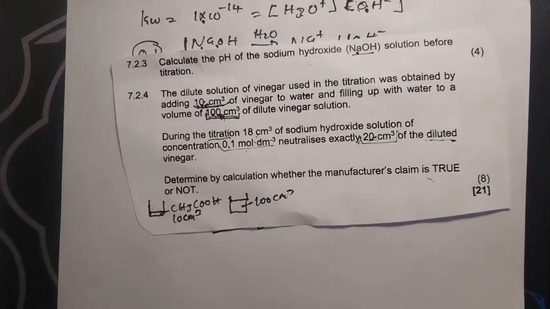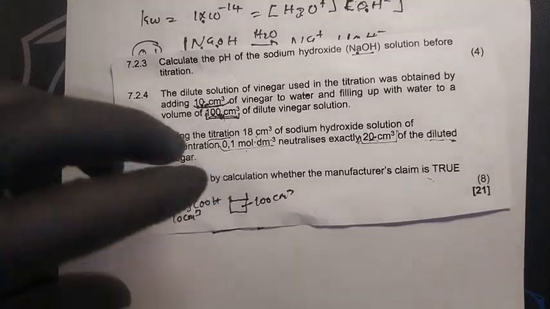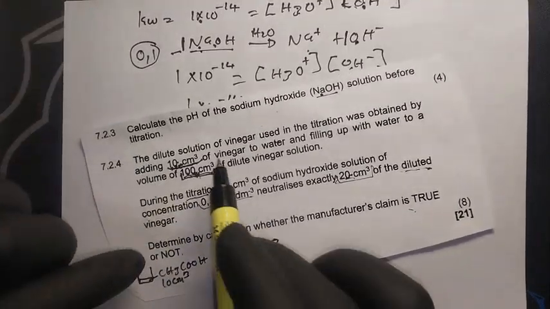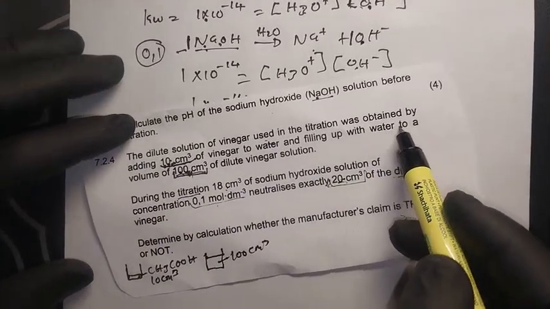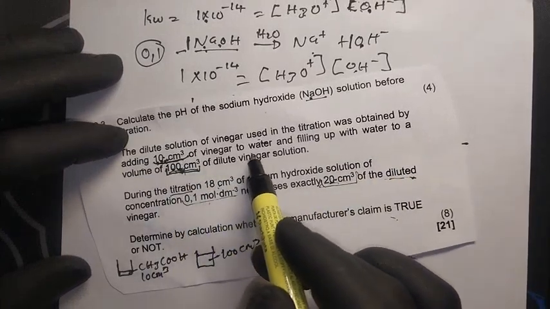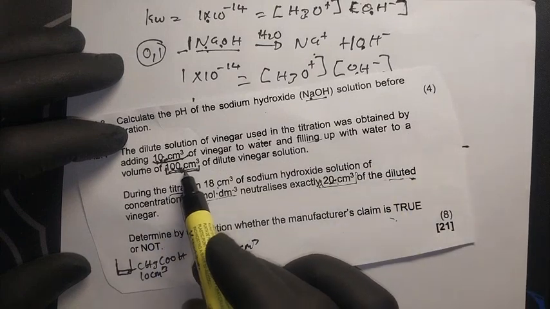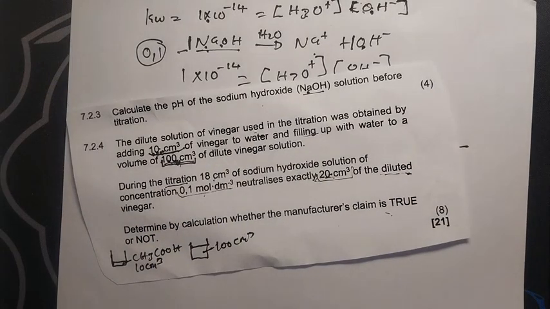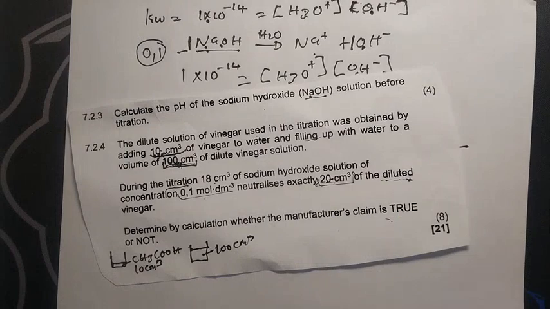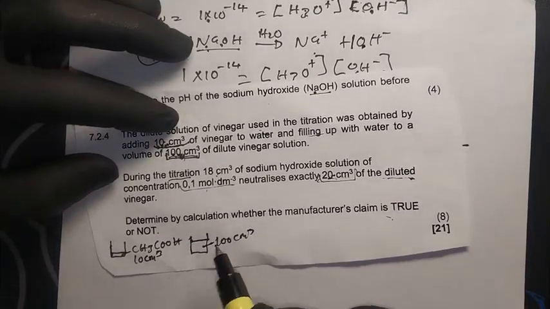The dilute solution of vinegar used in a titration was obtained by adding 10 centimeter cube of vinegar to water and filling up with water to a volume of 100 centimeter cube of dilute solution, which means the one they were using in the titration was 100 centimeter cube, not 10.